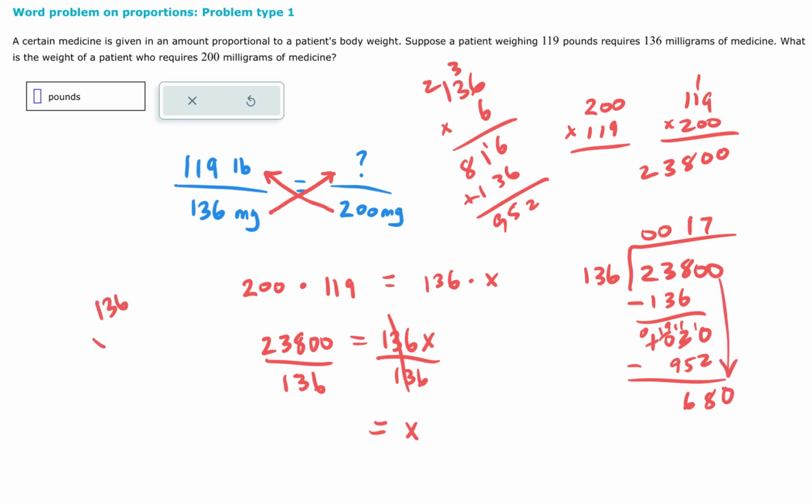Let's see, 136 maybe 5 times? 15, 18, 5, oh good, no remainder. Because if we had a remainder there, then we would have had to have decimals of milligrams. So we have 175 pounds that this person will weigh to get 200 milligrams of medicine.